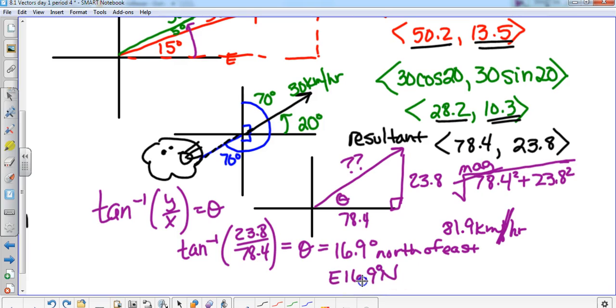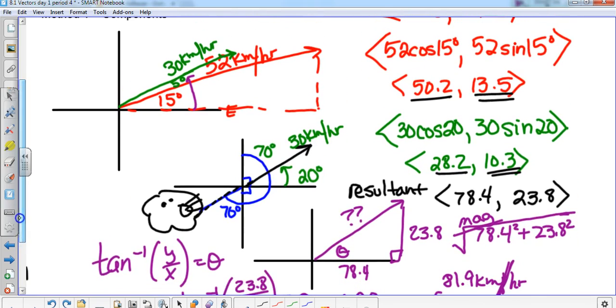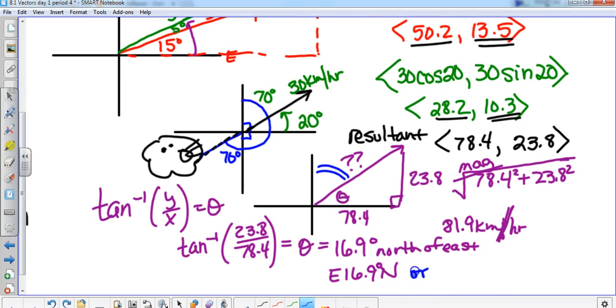We could also change it to a bearing. Can anybody tell me, without being totally confused, the bearing is just this number, right? Off of north. Yeah. So if this is 16.9, this one's really not hard to find. 73.1. All right. All that fun.